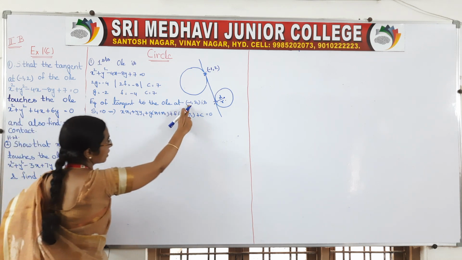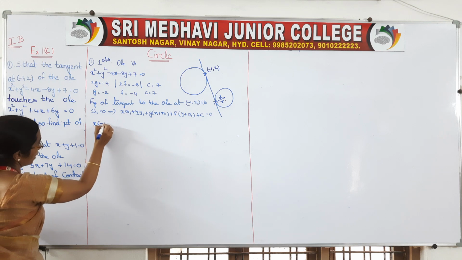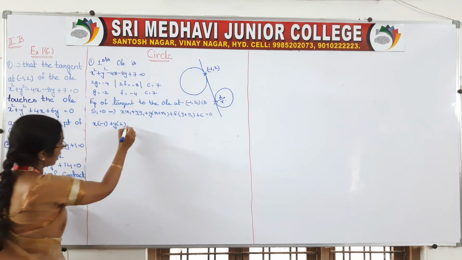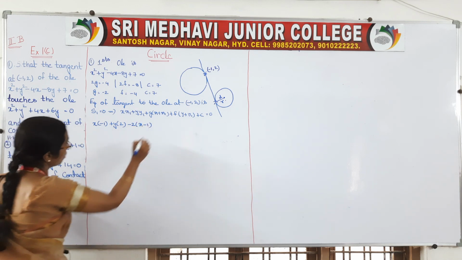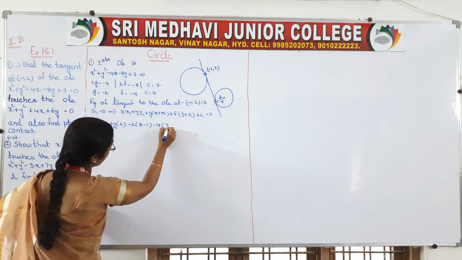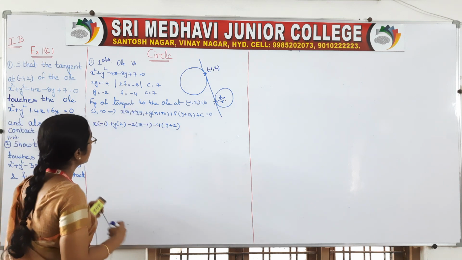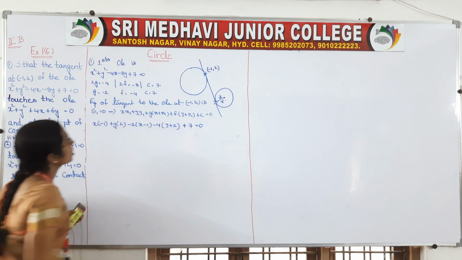You consider this one as x1, y1. So x into x1 plus y into y1, g is -2 into (x plus x1), f is -4 into (y plus 2), and c, what is c? 7 plus 7 is equal to 0.